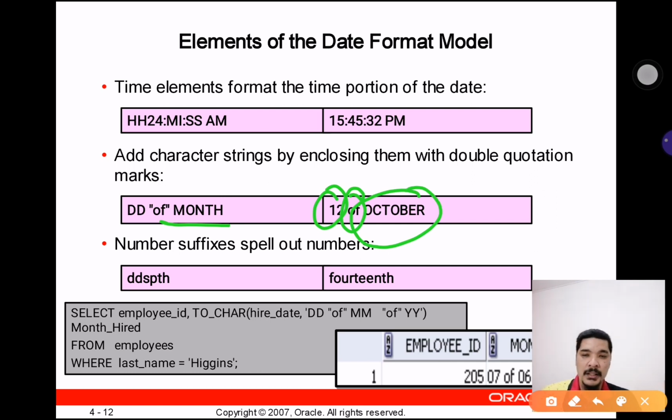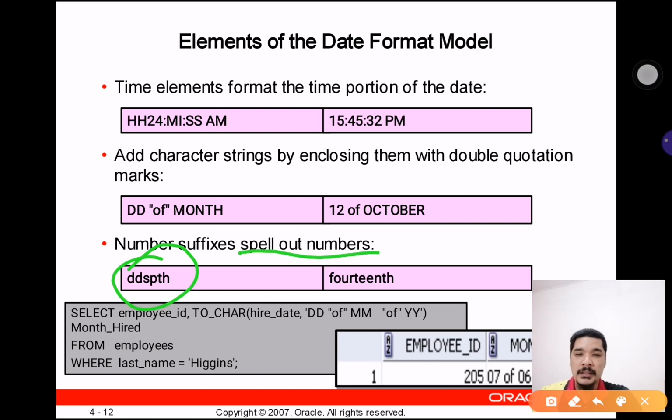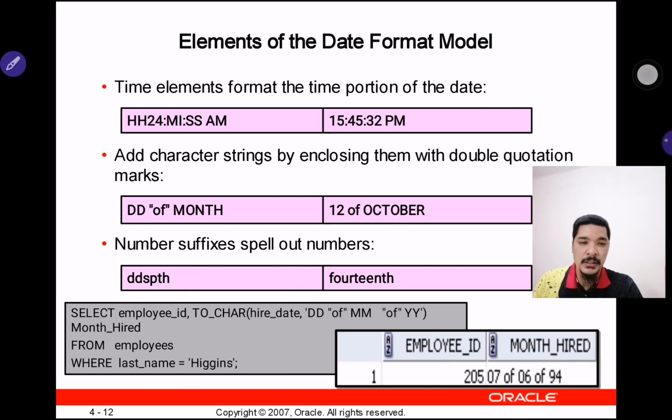The next one is number suffixes that spell out the number. DDSPTH means it will spell out the number. If the number is 14, it will spell out FOURTEENTH. This is what we call DDSPTH.